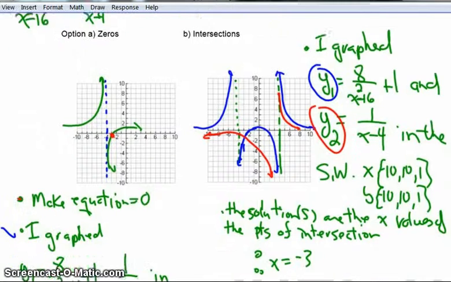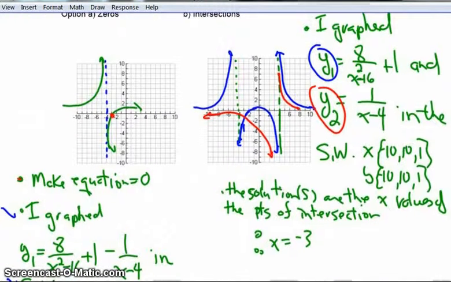And the clear thing you must state in your solution is, I graphed y1, y2 in a standard window, and this statement right here needs to be made very clear. The solutions are the x values of the points of intersection. It would be considered a partial answer if you said it's just the points of intersection, because you're not interested in the y values. Therefore, the answer is simply just x equals 3, because that's the x value of that point of intersection.